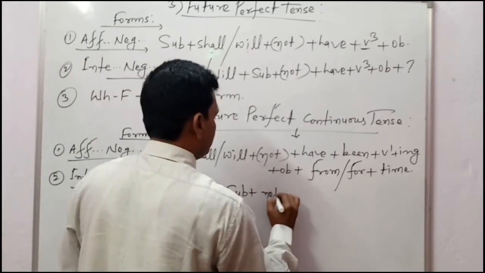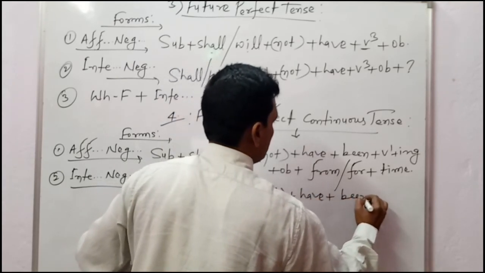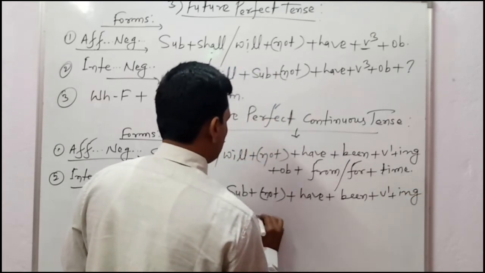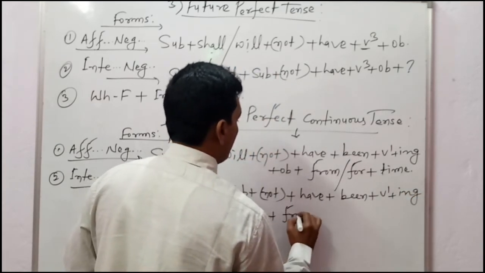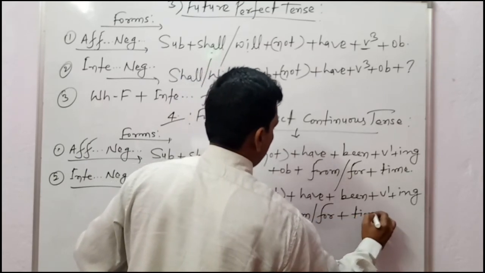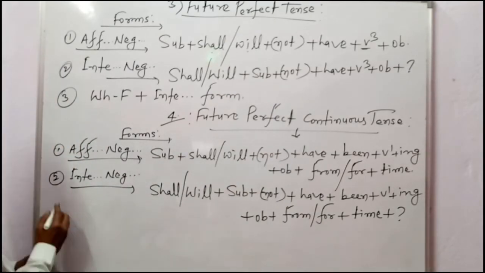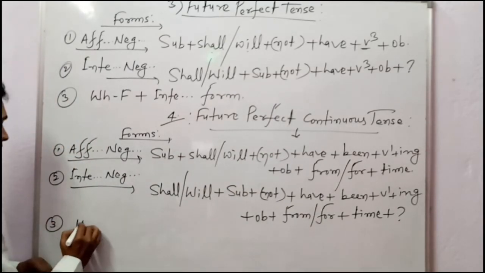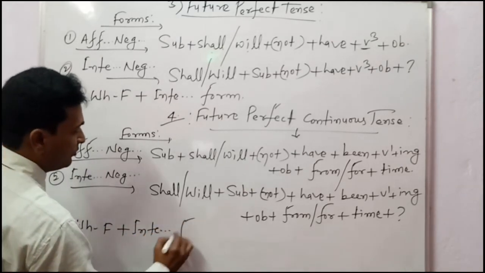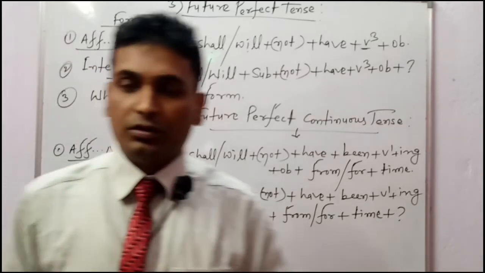So let's write not plus have plus been plus v1 plus ing plus object plus from/for plus time, and at last a question mark, as it is an interrogative form. The third one is the WH family plus the same interrogative formula you have to add, right? I hope you have got it.